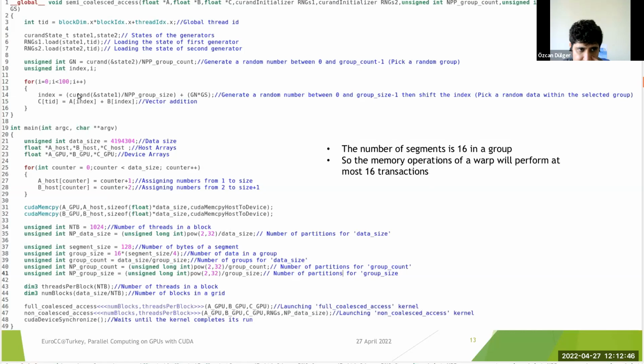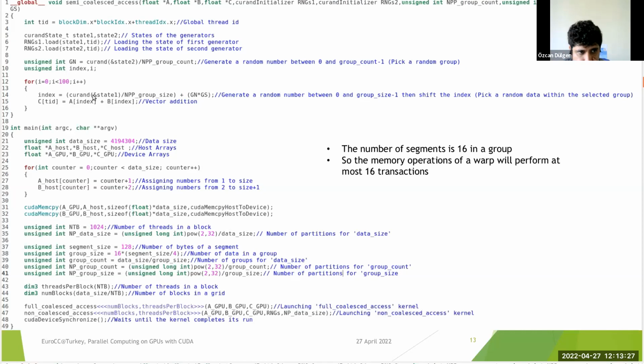And we implement it here. I will not mention it in detail. First, we select a group here, we pick a random group ID. That means we pick a random group. Then inside the for loop, we select a random number or index to access within this group.